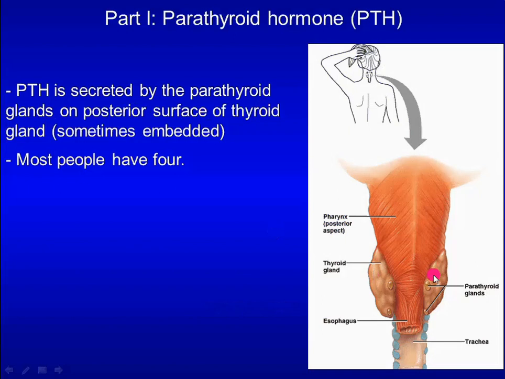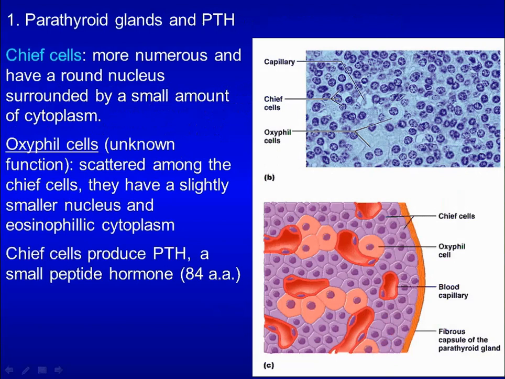These are thyroid glands, and these are parathyroid glands. Most people have 4 of them. Within parathyroid glands, there are 2 populations of cells, chief cells and oxyphil cells.